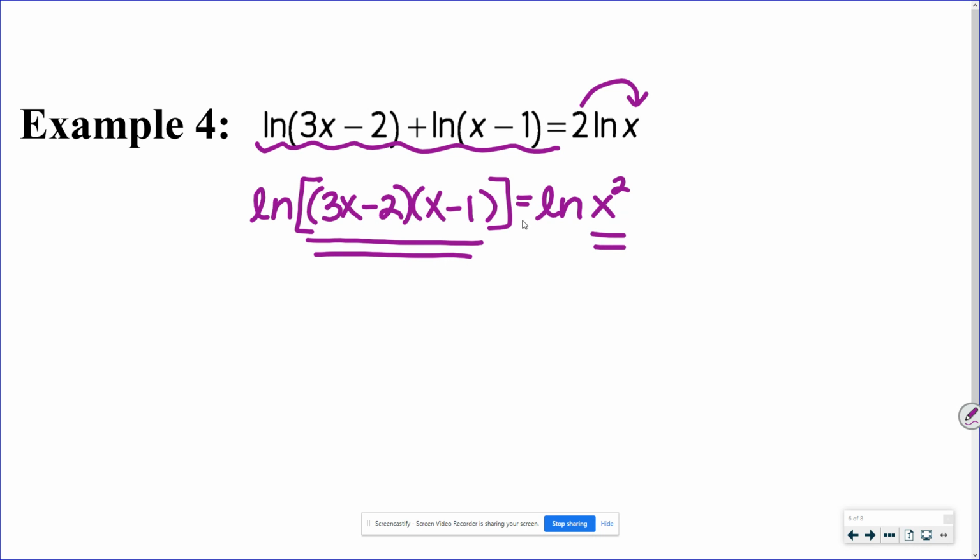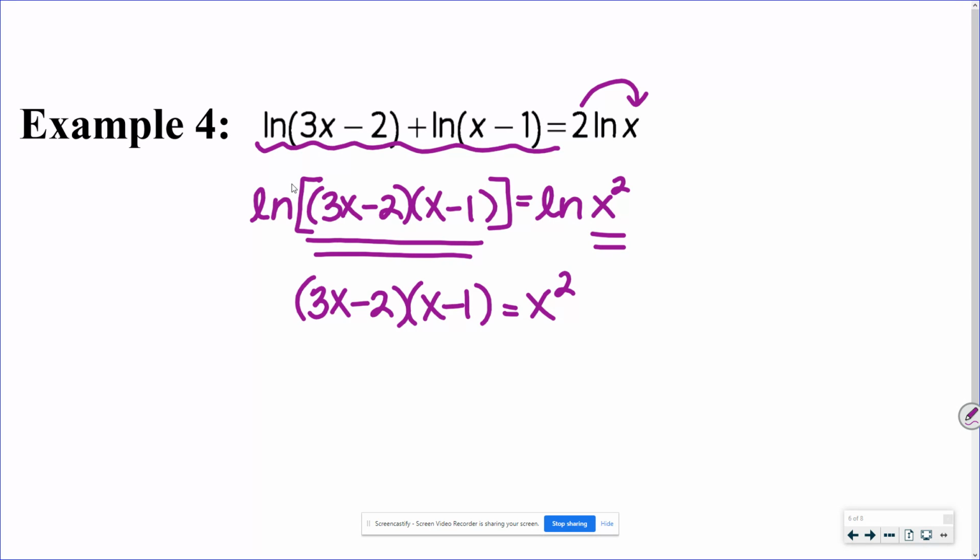So since you have a ln on both sides, you can disregard those at the moment because they're already the same, and focus your energy on this inside stuff. So you need to figure out how to make this left side equal to this right side. Okay?